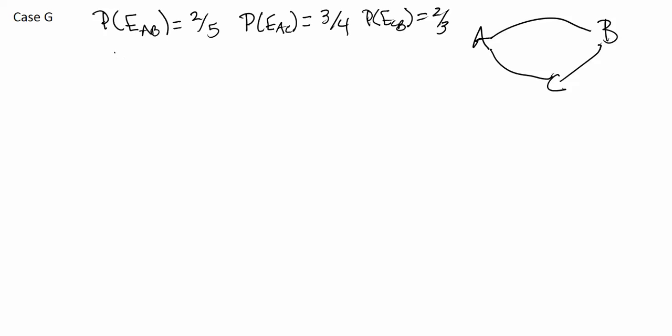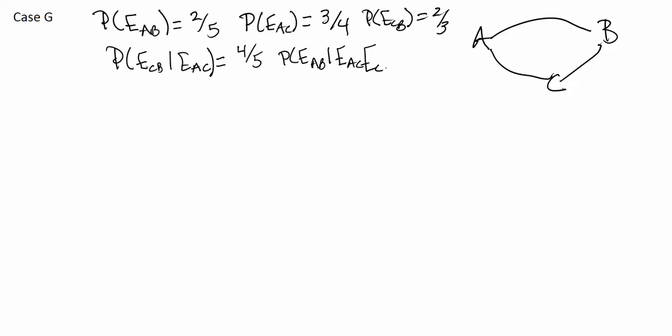We were also given some conditional probabilities. First, we were given probability of event CB given event AC is equal to 4/5, and the probability of event AB given the simultaneous occurrence of event AC and event CB is equal to 1/2.